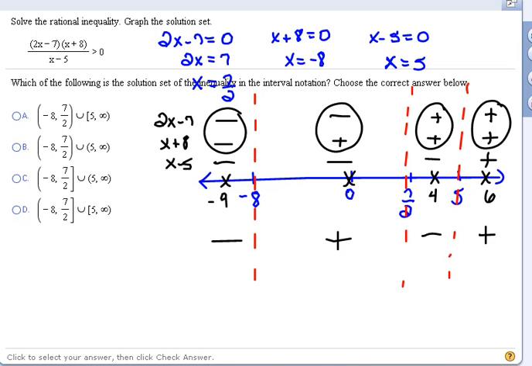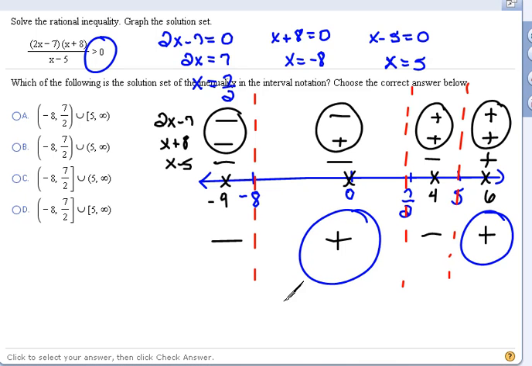Now let's see which one of these areas we want. We're originally looking for something that is greater than 0. So that would be our positive sections here. That would start with negative 8 and go all the way to 7 halves.